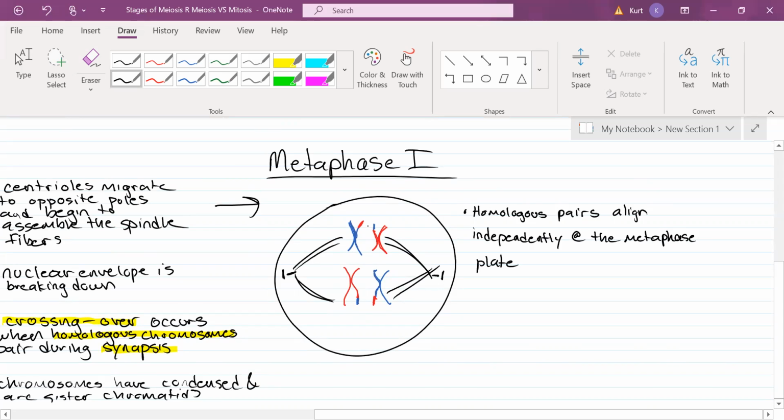Now, it is very important that you realize how this is different than mitosis. And when we get to comparing meiosis to mitosis, you'll see how in mitosis, it's all just one straight line along the metaphase plate. But here in metaphase 1 of meiosis 1, they're side by side. This is something new.